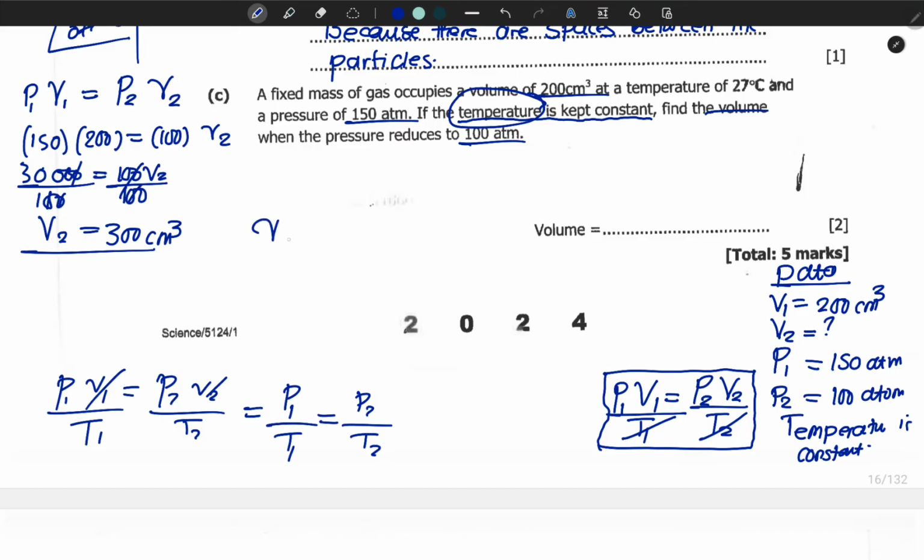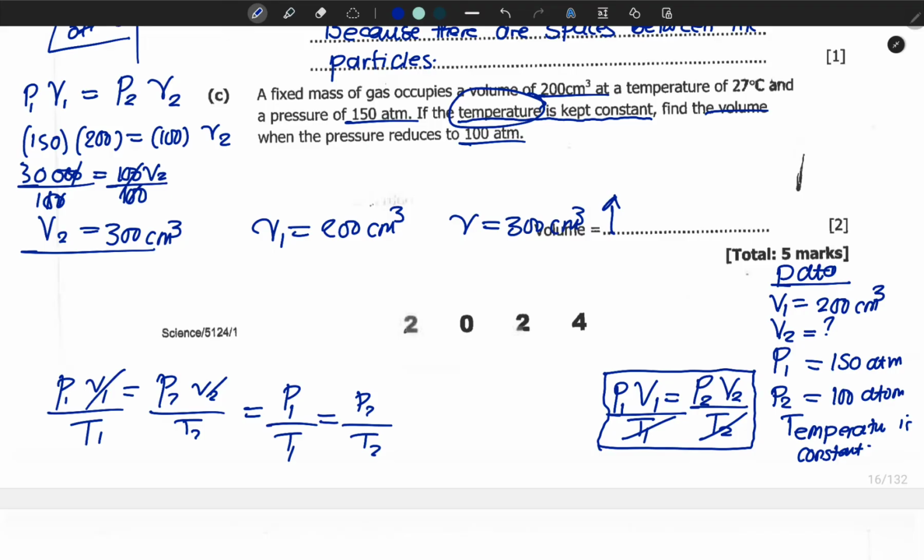Now let's analyze if this is making sense. So if you look at volume 1, volume 1 is 200 cubic centimeters. Then volume 2, according to our calculations, we have 300 cubic centimeters. So from volume 1 to volume 2, volume increased.